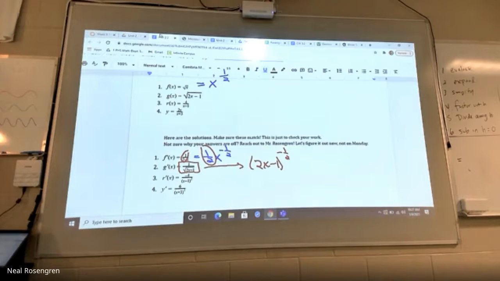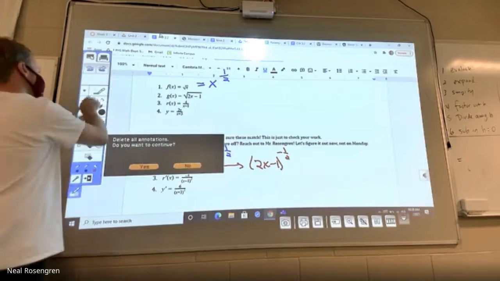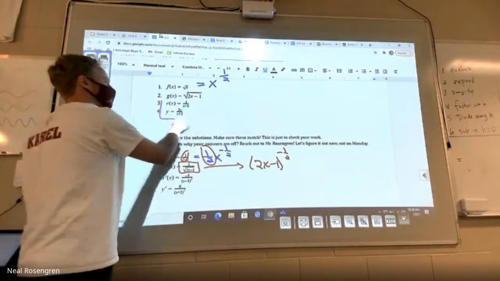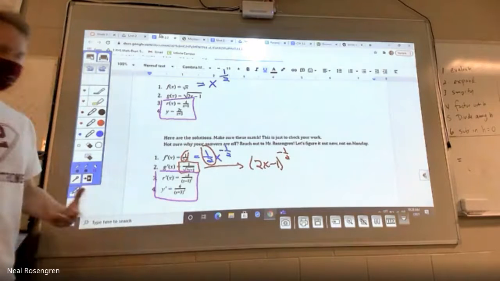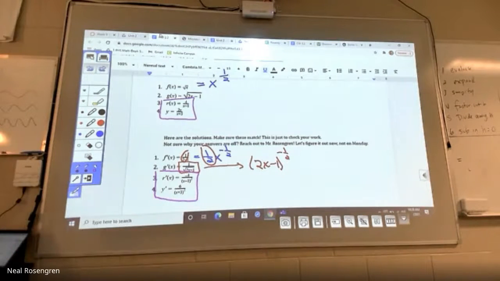The more connections you start to see, the easier this transition tomorrow, where we actually get our hands on the shortcut, or at least start to put the pieces together, starts to come into play. Another thing to peek at is, do you notice anything about the rational ones? Look at the function, look at the derivative.